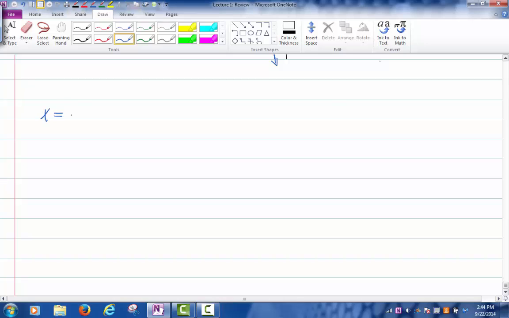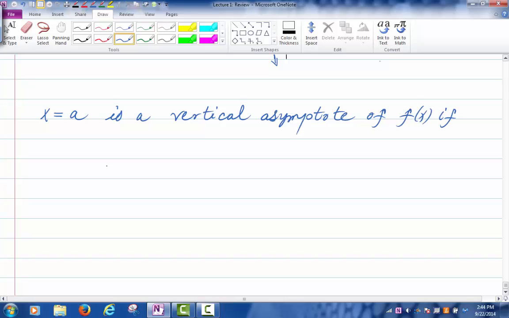X equals a is a vertical asymptote of the function f if the limit as x goes to a from the right or from the left of f of x is infinity or negative infinity.